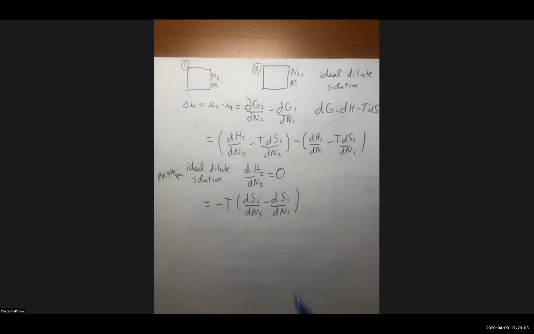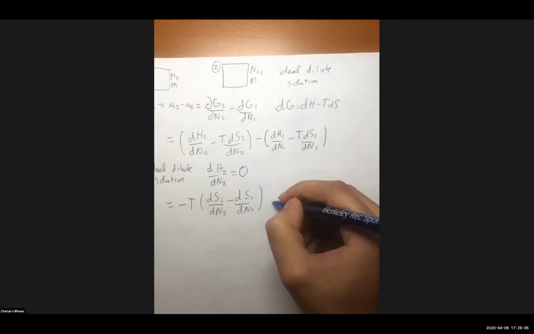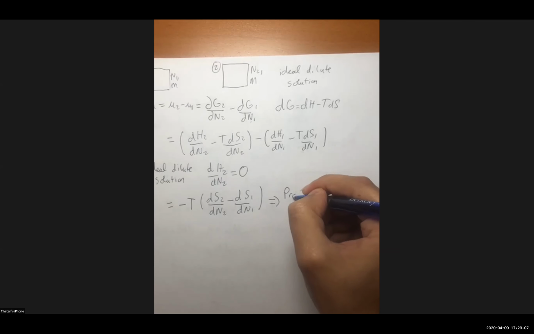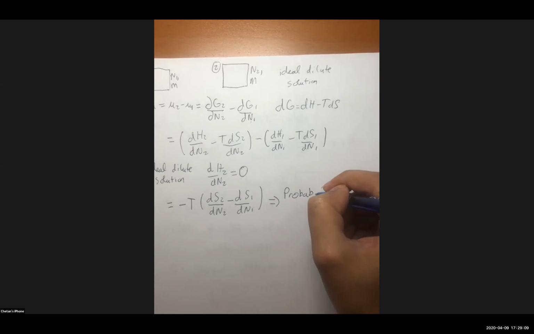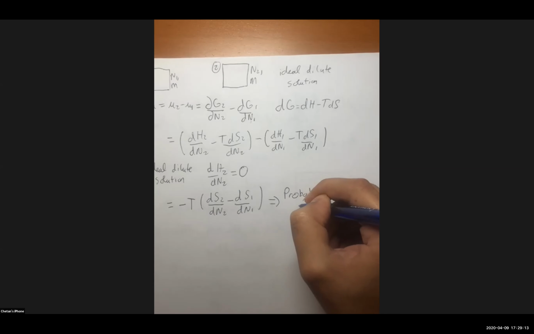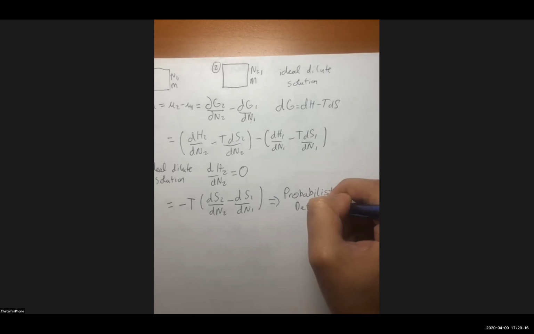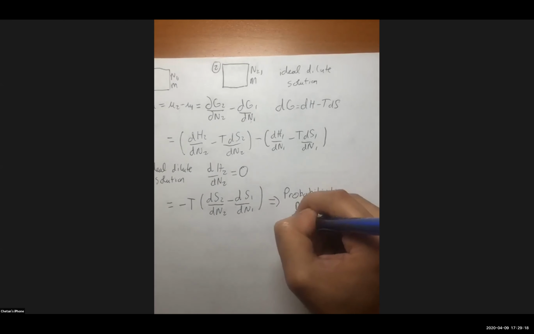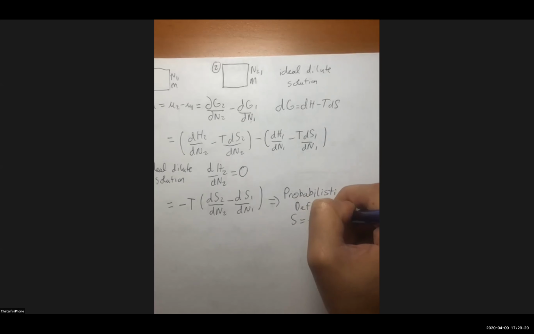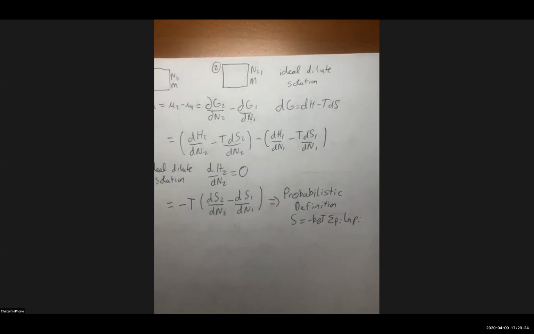So we're here. Now, you can actually use the probabilistic definition of entropy that you learned, which, if you need a reminder, is S = -kB Σ Pi ln Pi.